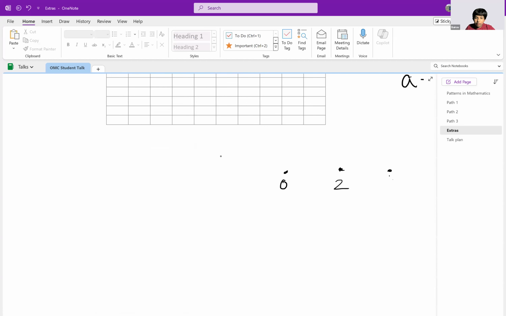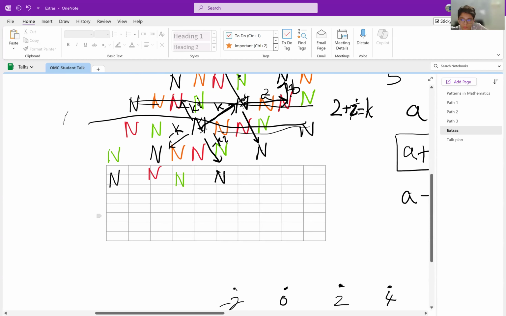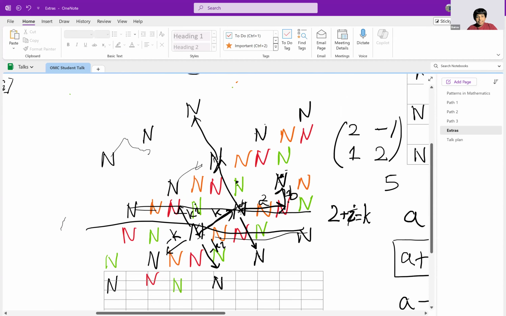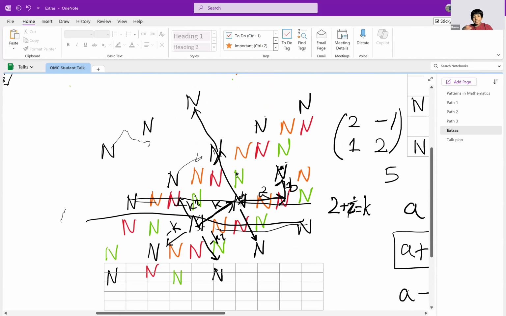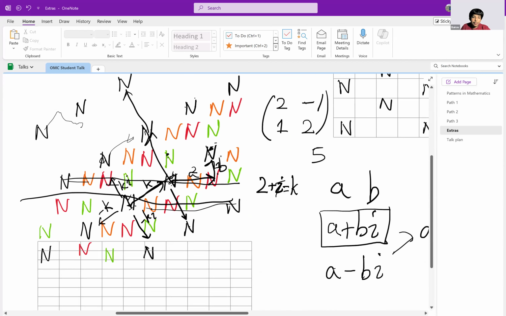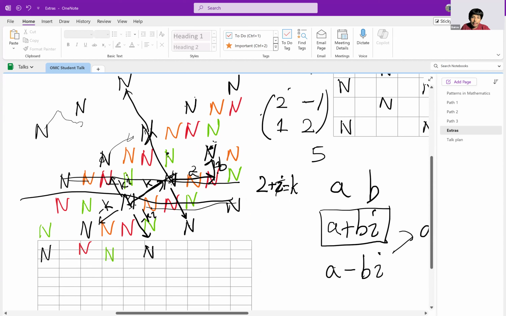In Gaussian integers, it turns out the same is true. But because we also have i in the mix, instead of multiples of something going in one line, here we have a two-dimensional thing going into two dimensions.